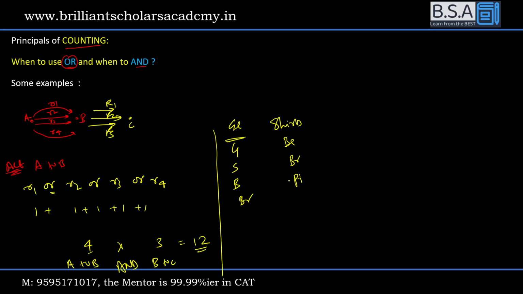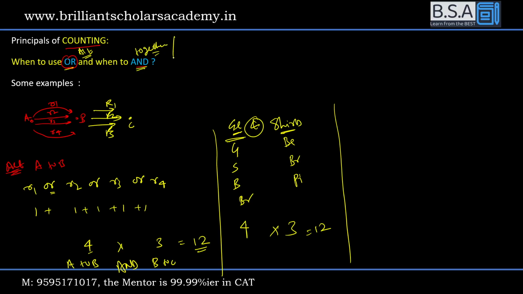So in how many ways can a person get a pair of glasses and shirt? So here glasses are alternates of each other, one option, one option, one option, one option, 4 options. Now because glasses and shirts are required, shirts have got 3 options, so answer will be 12. I'm simply trying to tell you, when do we use or? When we have alternates of doing same thing. When do we use and? When things are happening together or things are happening in sequence, one after other.